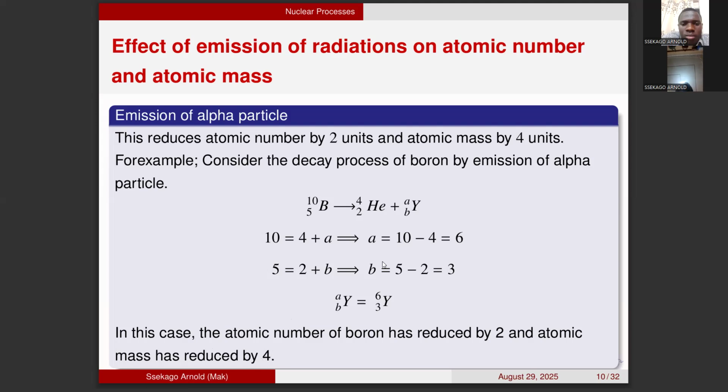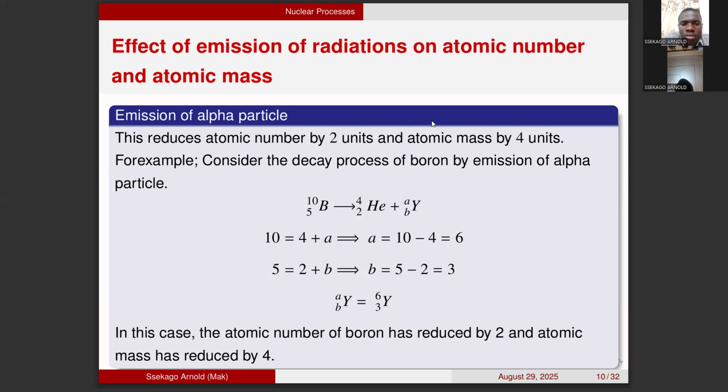The mass was 10. Now we are having 6. We have taken off 4 to obtain this. So in summary, the decay process that involves emission of an alpha particle reduces atomic number by 2 and reduces atomic mass by 4.